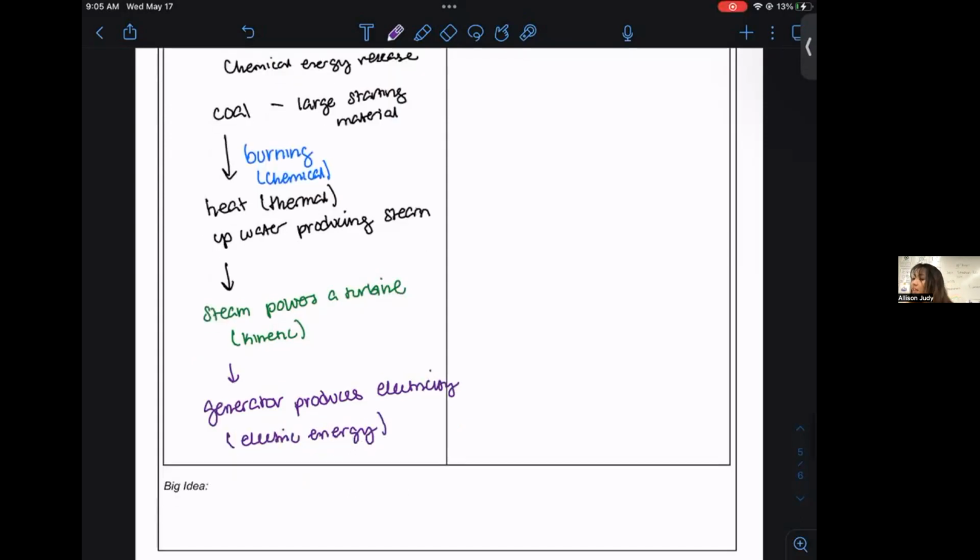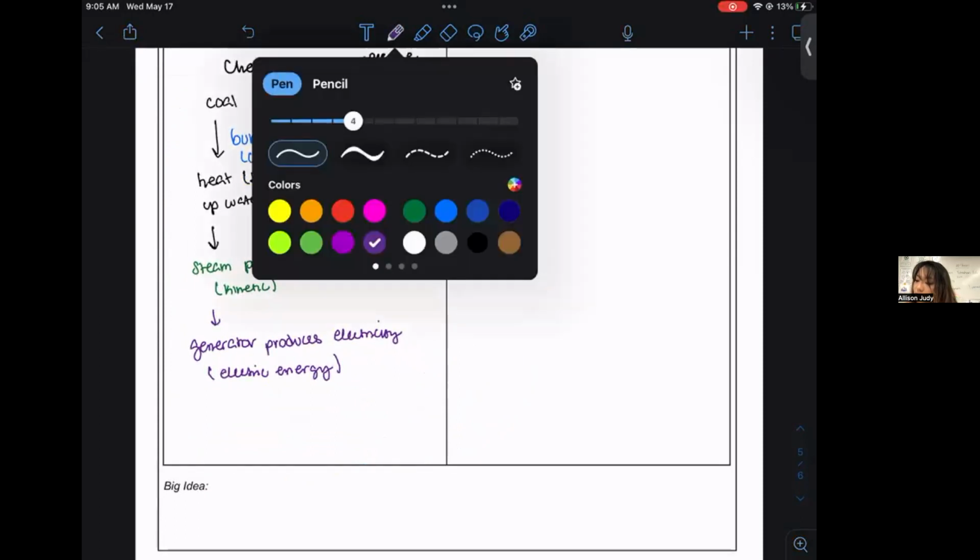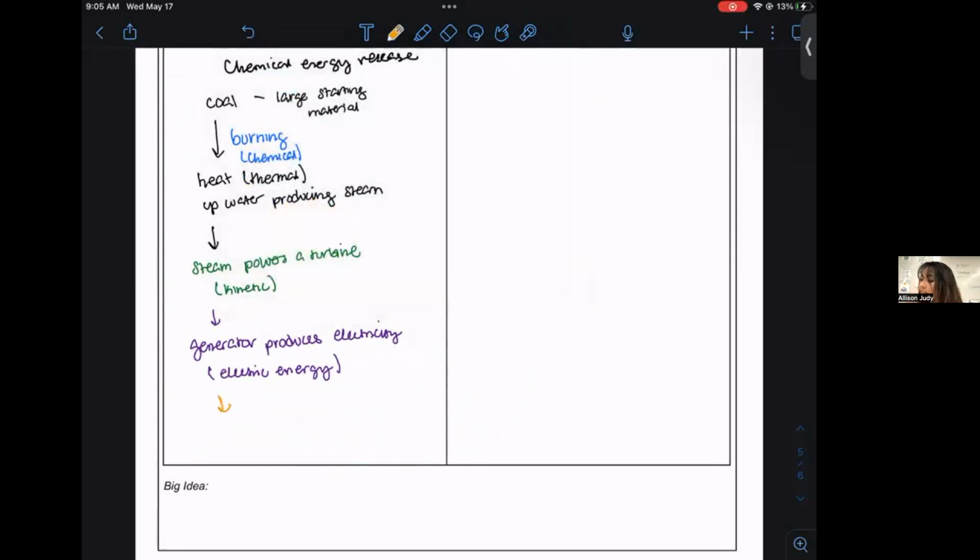And that electric energy flows through our homes and powers our mechanical devices. Then it gets sent through the wires and powers our devices, which is an example of mechanical energy in action.